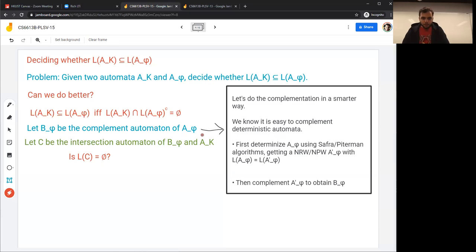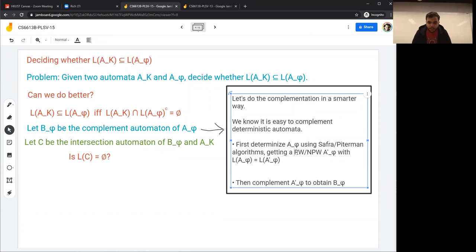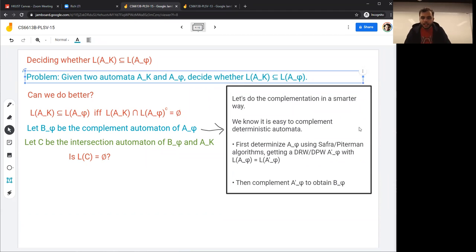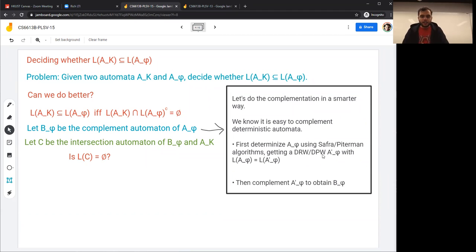So instead of complementing A of phi directly using Büchi's algorithm, we first determinize it. So let's say that I determinize it either using Safra's algorithm to a deterministic Rabin automaton, or using Piterman's algorithm to a deterministic parity automaton. And for our use cases, it doesn't really matter which one you choose.